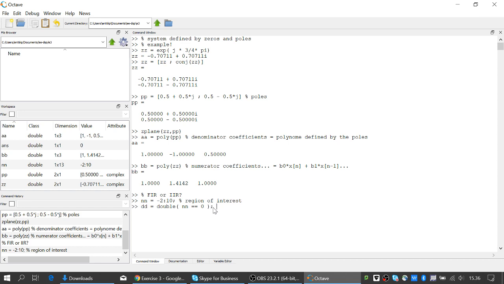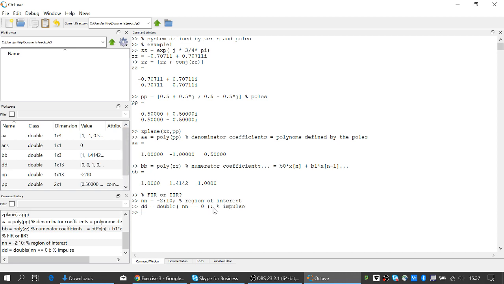I usually do it this way so that I have also a couple of values before the impulse starts. Okay, just for clarity, I don't like the pictures that have the first real data element on the very first point on the picture. All right, so that's the discrete delta function, so the impulse.